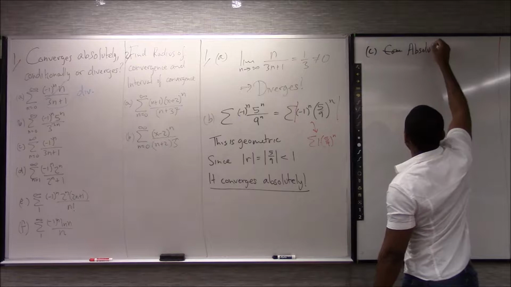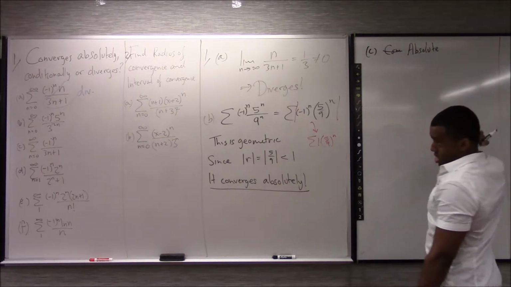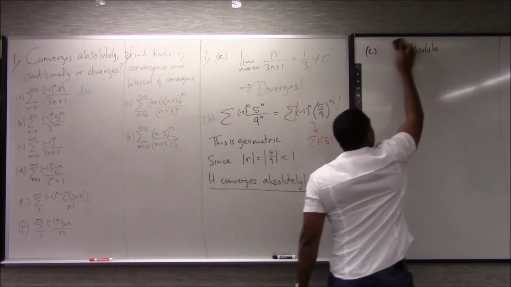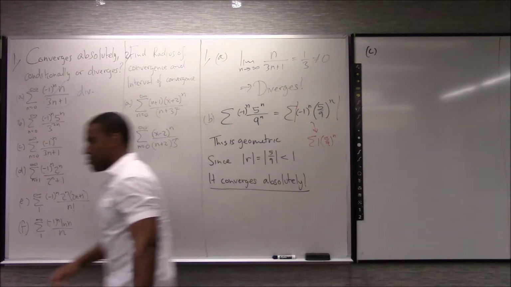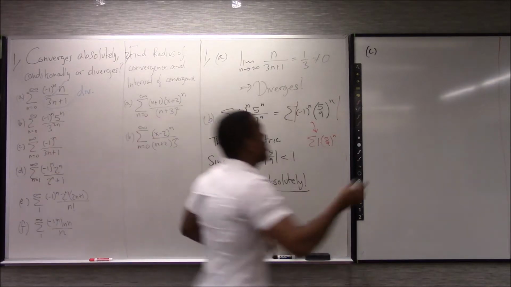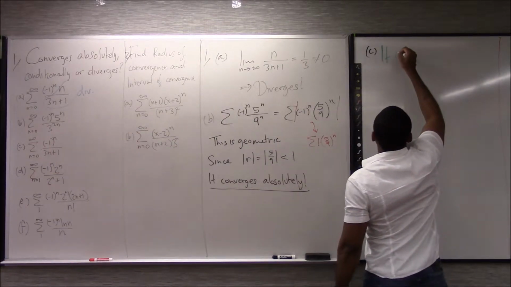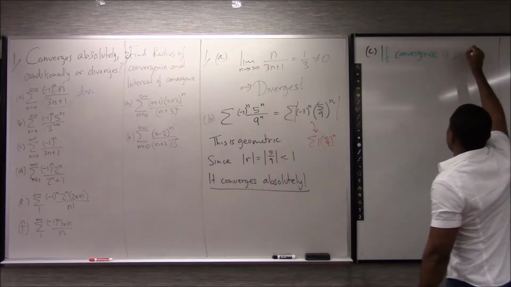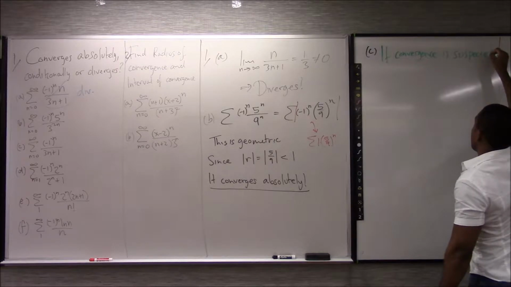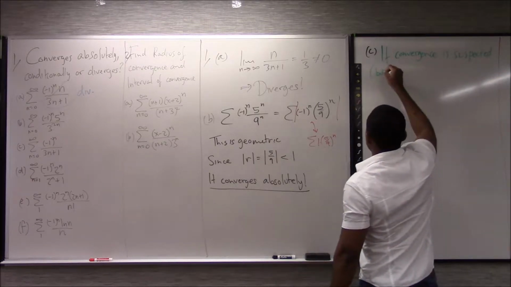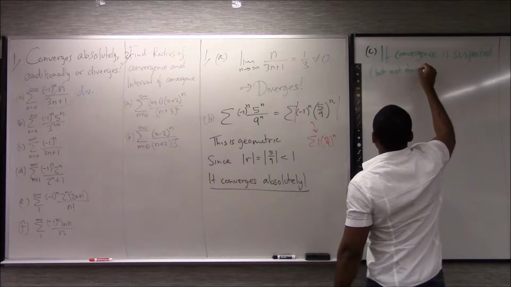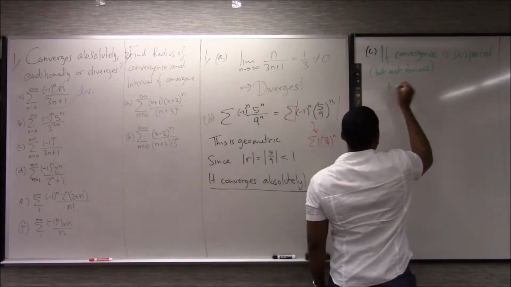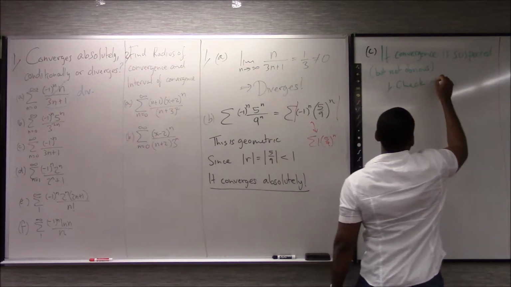Now, in the case where something might converge and you're not exactly sure, you should be aware of this. If convergence is suspected, but it's not totally obvious how or why or when or where it will converge, then you always want to check absolute convergence first.